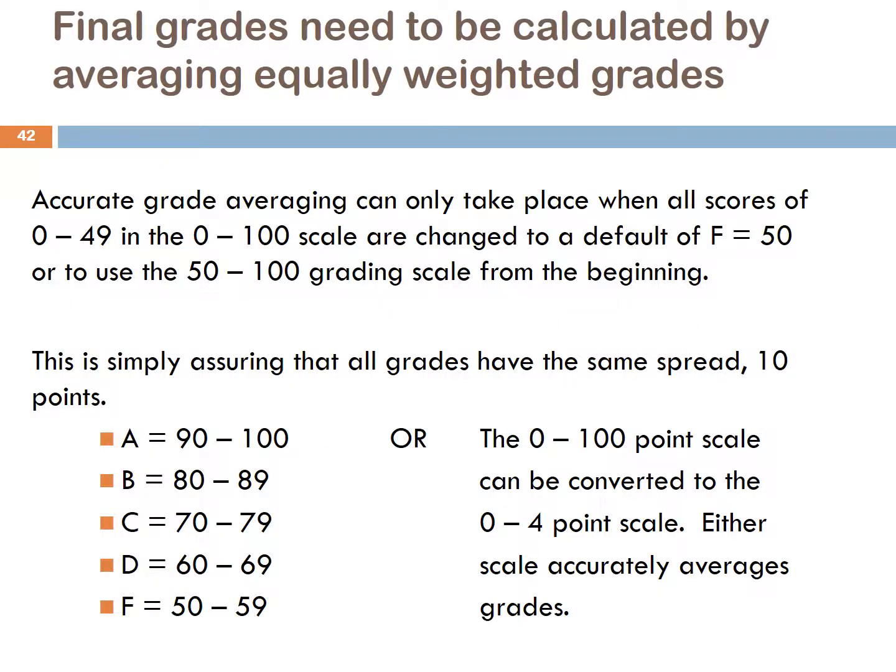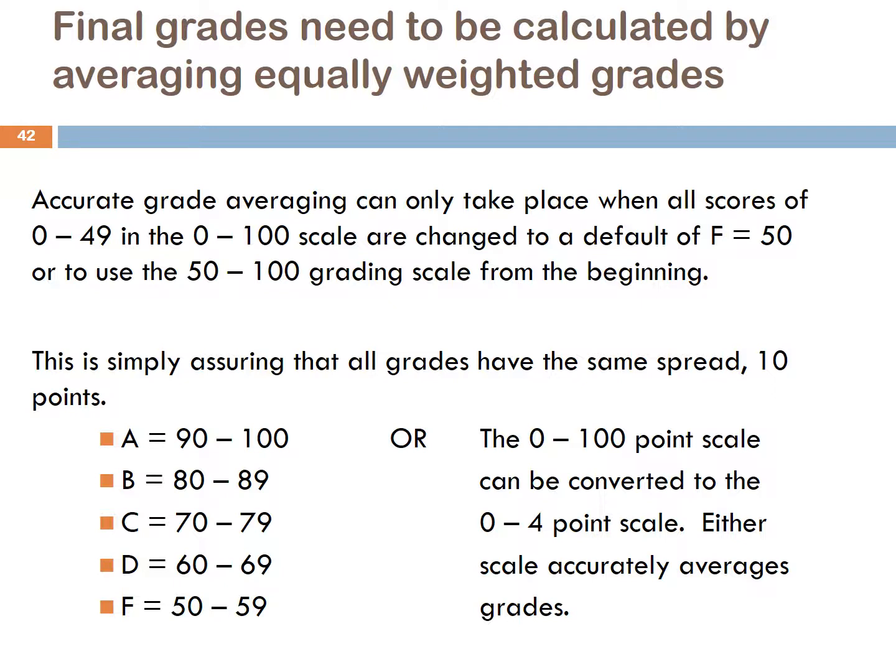Final grades need to be calculated by averaging equally weighted grades. Accurate grade averaging can only take place when all scores of 0 to 49 in the 0 to 100 scale are changed to a default of 50 points, or to use the 50 to 100 grading scale from the beginning. This is simply assuring that all grades have the same spread, 10 points.